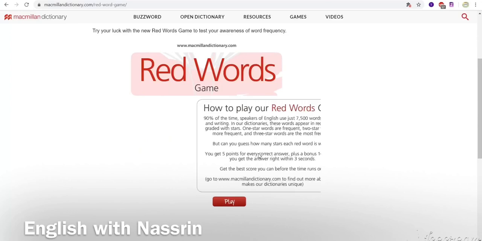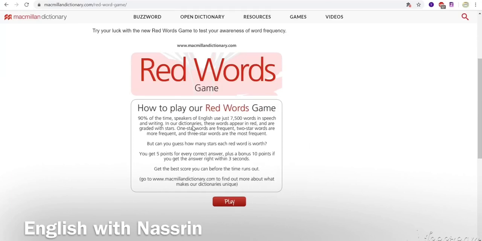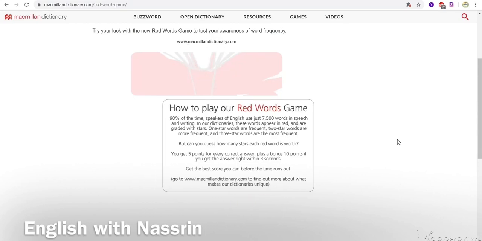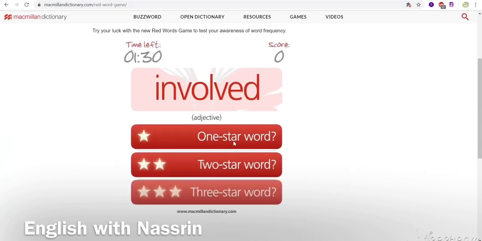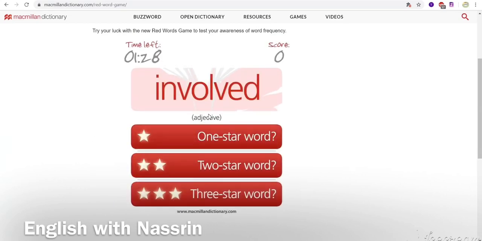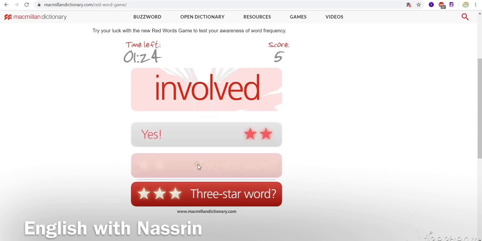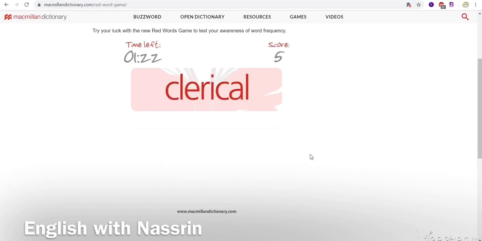Okay, so if you click on how to play the game, you get to the instructions of the game. So basically you get a word and you have to decide if that word is a 1-star word or a 2-star word or a 3-star word. And 1-star words are frequent, 2-star words are more frequent, and 3-star words are the most frequent.